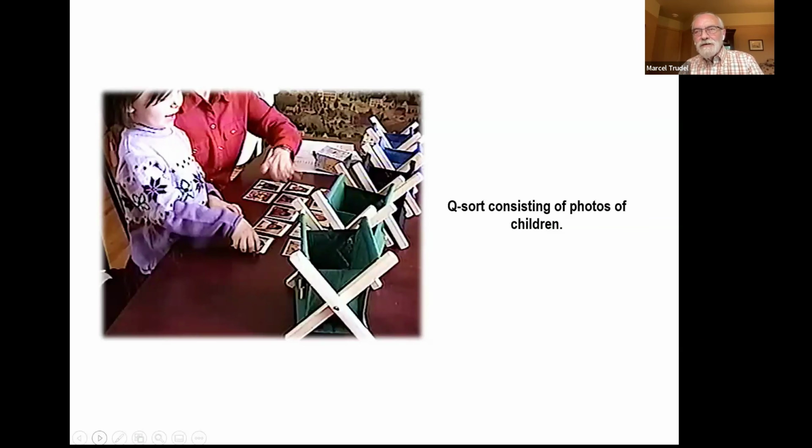I started a project with the same photo I'm talking about, but filled out by young children of 4 or 5 years old. And it's working. But time is going on and I have to go to the neighborhood to try to convince children to fill out my questionnaire, my Q-sort.